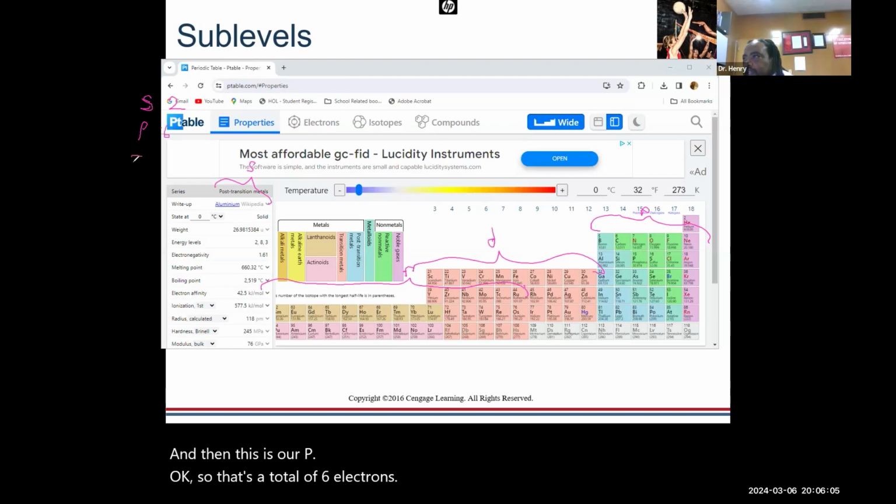Our D, how many is in our D? How many columns? I think I counted 10. That's right, 10. And how many Fs? Let me go back so you can see the F now.